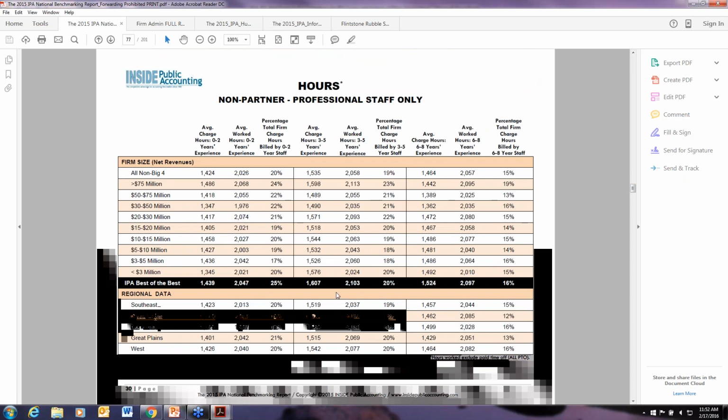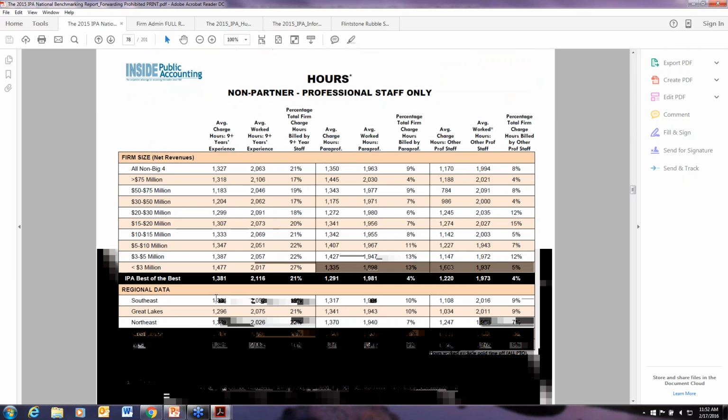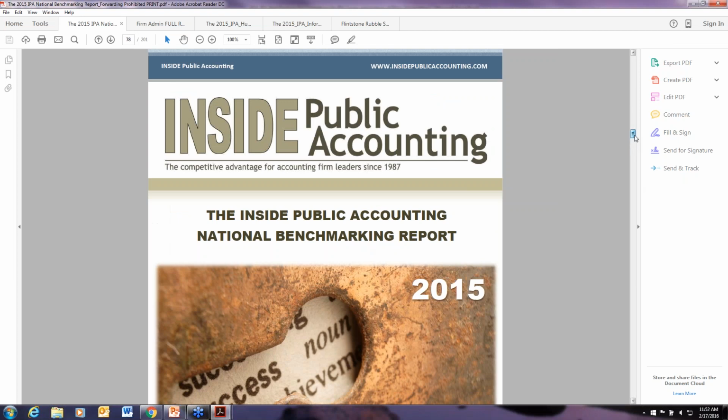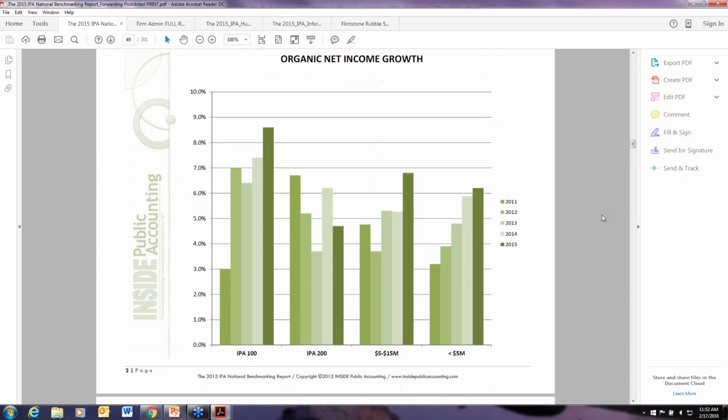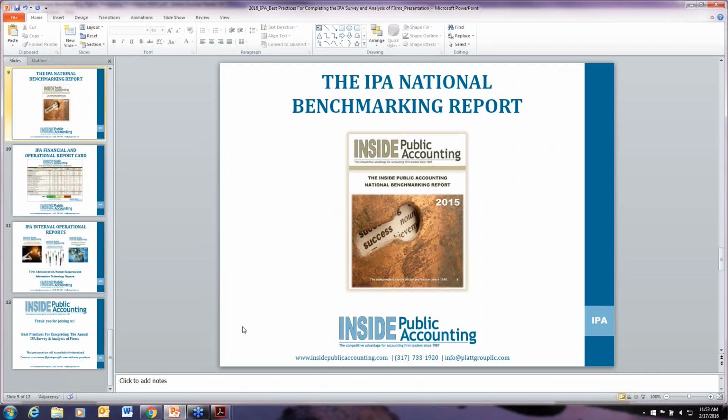There's about 80 pages of tables, so a significant amount of detail. Also, the numbers for the best of the best are inside each one of the tables. So the benchmarking report has the tables and a number of different graphs giving some historical data for firms, so a lot more information than what exists in the executive summary itself.